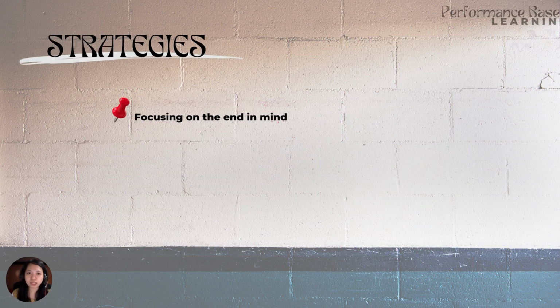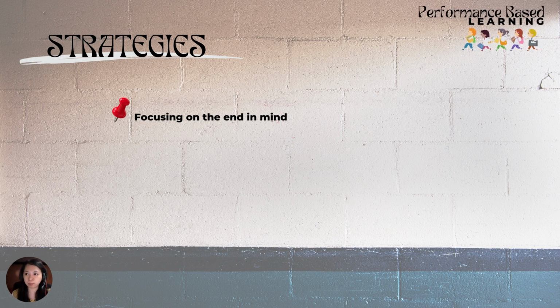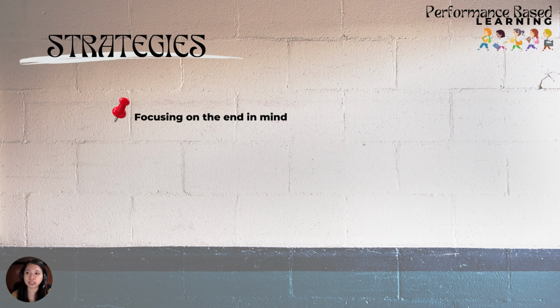So there are strategies in this performance-based learning, but the goal is for the students to learn and experience the best that they can have. Then from there, we work backwards and put specific details on how we should deliver the contents for them.